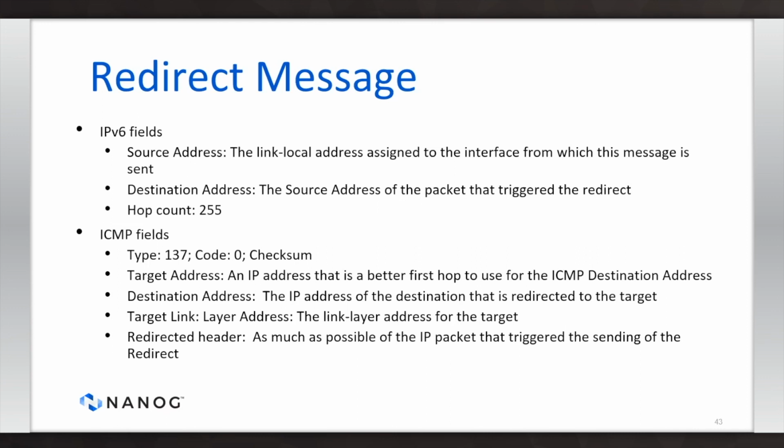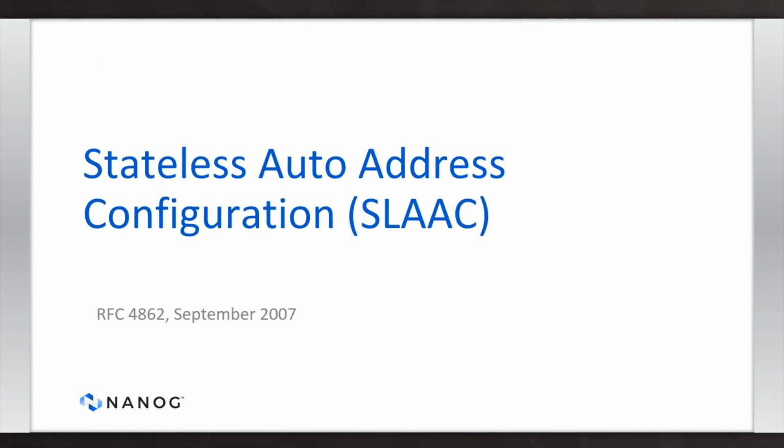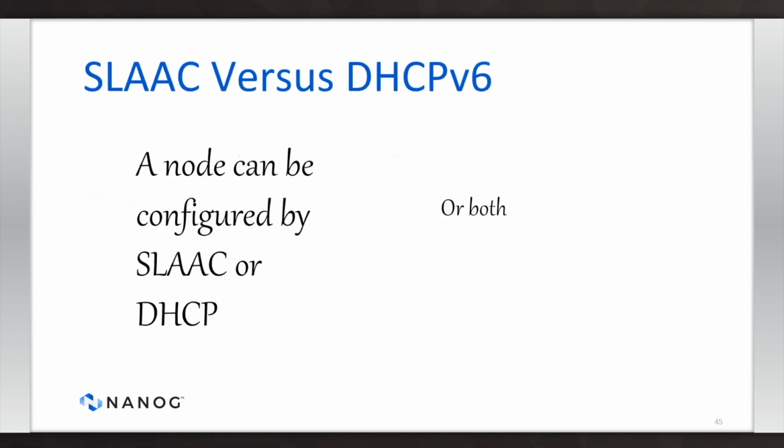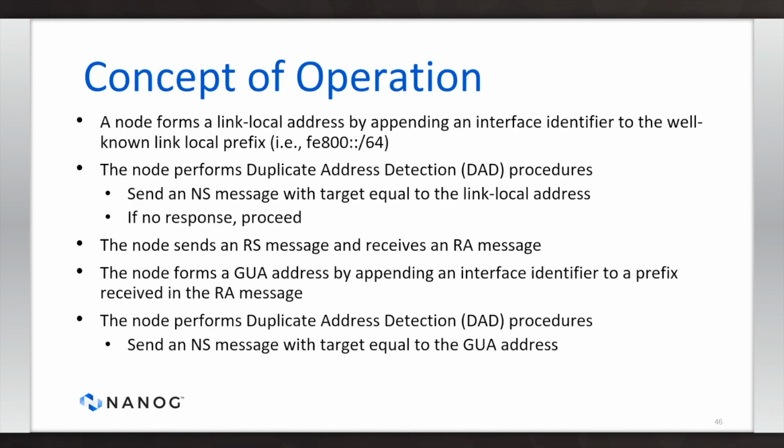And let's talk about the SLAAC process. Well, a node can be configured by SLAAC or DHCP, or both. Let's assume for the moment it's just SLAAC. What's the concept of operation here? Well, a node forms a link local address by appending an interface identifier to the well-known link local prefix FE80::/64.